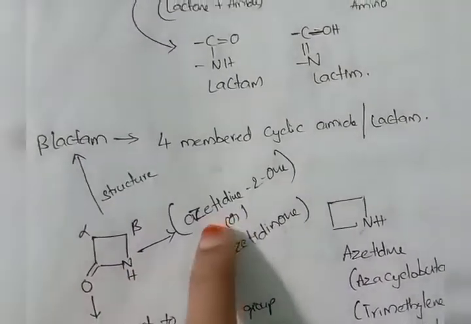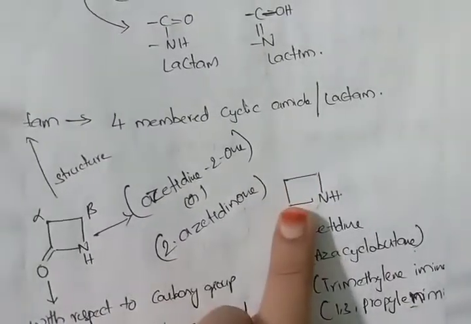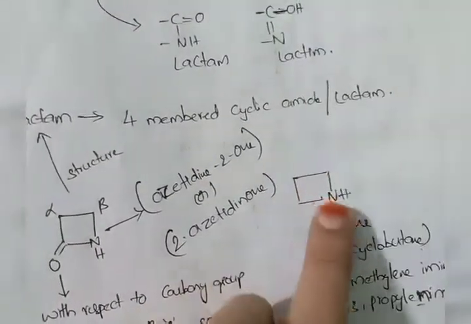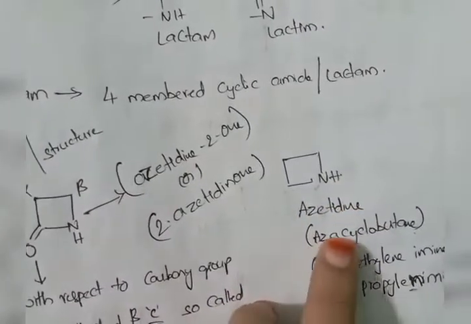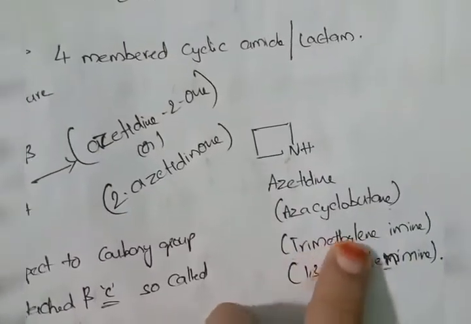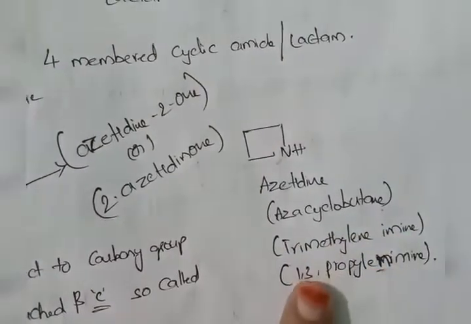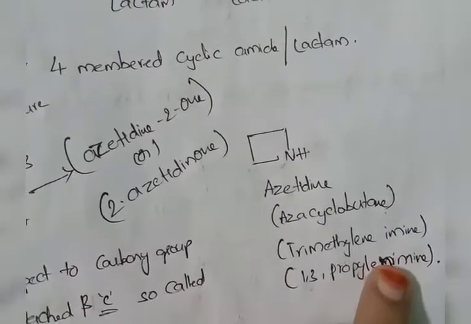So here, if a ketone group is not there, with 3 carbon atoms and an amide group, we call it azetidine, azacyclobutane, or we can also call it trimethylene imine or 1,3-propylene imine.